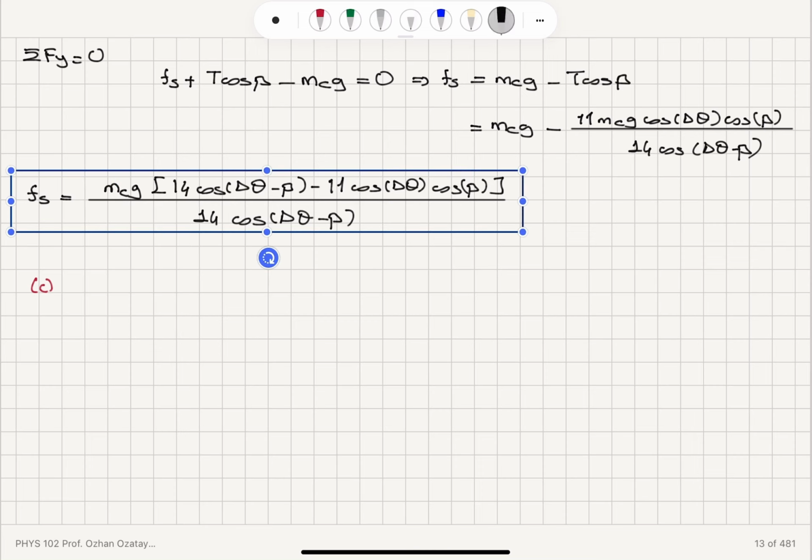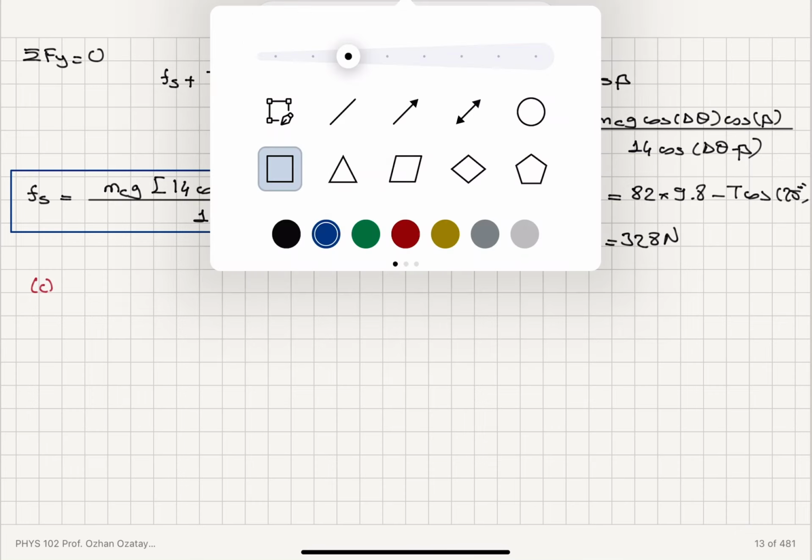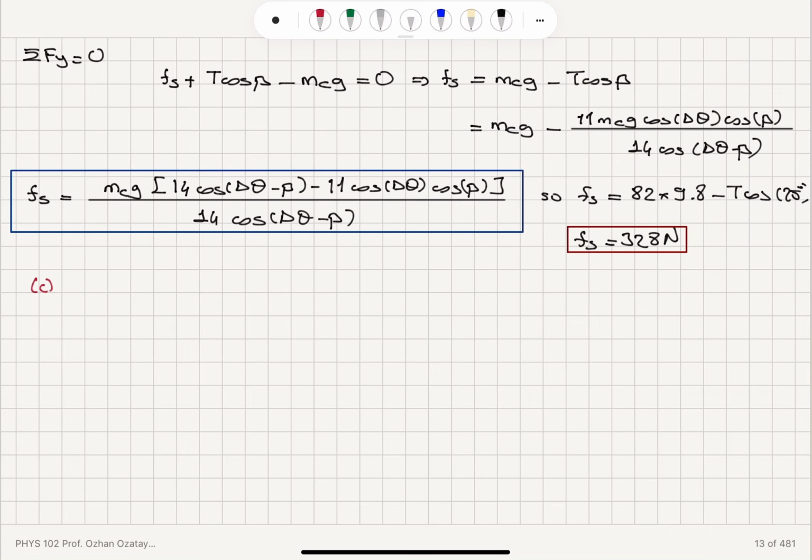So if I substitute the numbers here, the static friction is 82 times 9.8 minus tension times cosine 25, cosine beta. This gives me a static friction of 328 newtons. So it is positive, therefore the direction that I have assumed is correct.